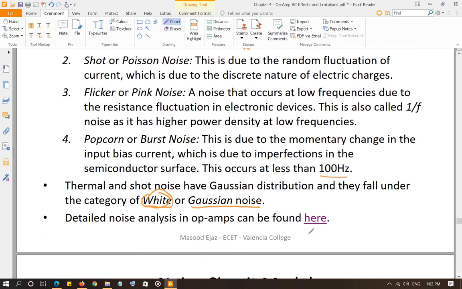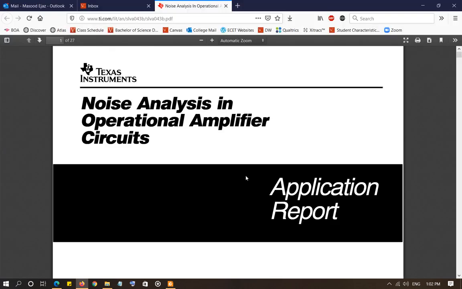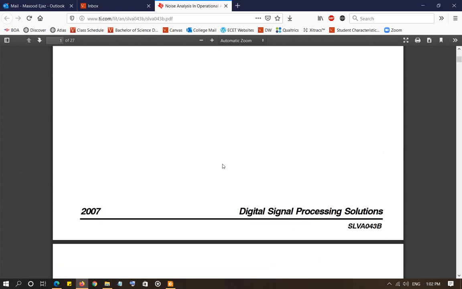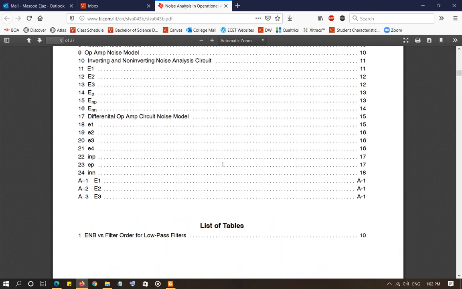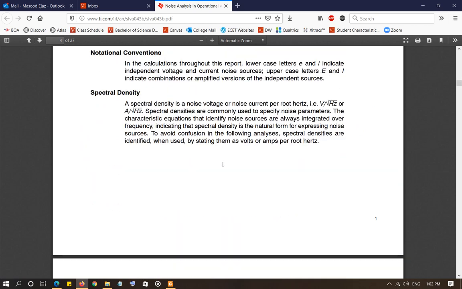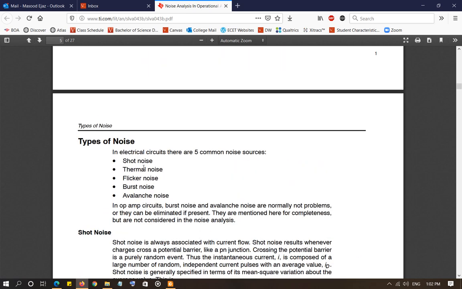And I found really good resources about these noises from Texas Instruments for their 741 handout. If you click here, and yes, it is clickable, it is going to take you to the TI resource, noise analysis in operational amplifier circuits, and in this you can look at detailed analysis of noise, introduction, different types of noises as we discussed, shot noise.